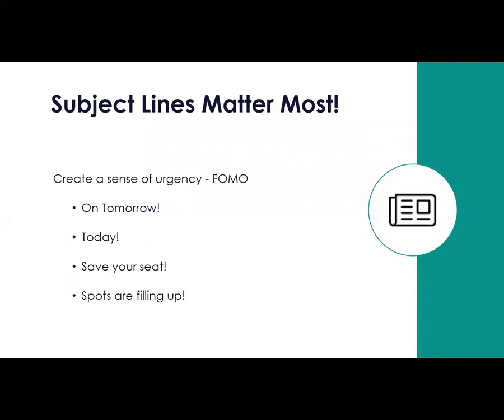So by putting something like tomorrow, today, save your seat, spots are filling up, this is what we have found is really effective to getting registrants coming through the day before, the day of, or an hour before your webinar starts, because you then get that fear of missing out of, oh no, this sounds like a great topic. Maybe I would benefit from it. Maybe this is content I want to hear.